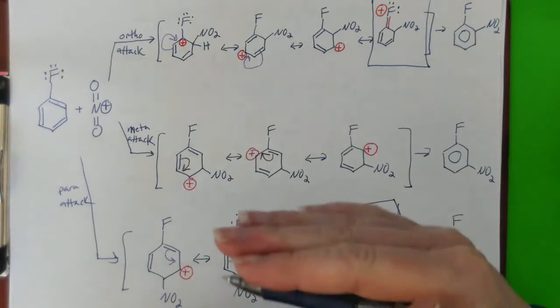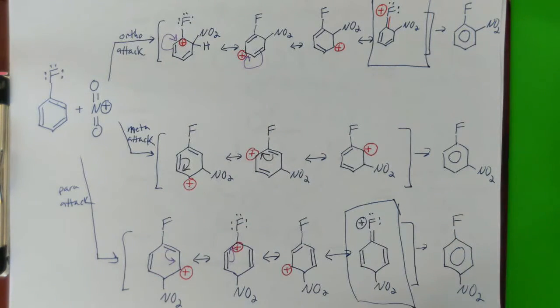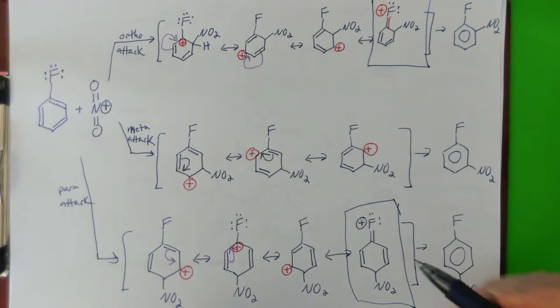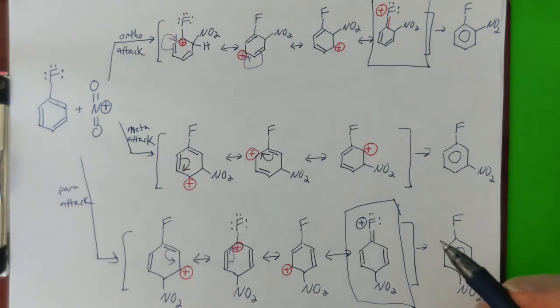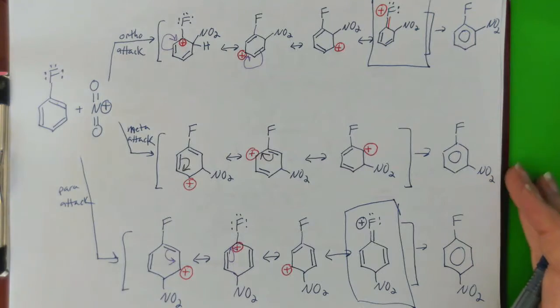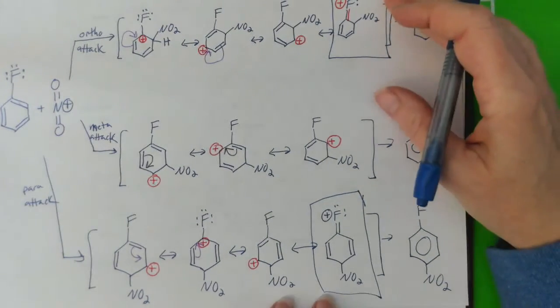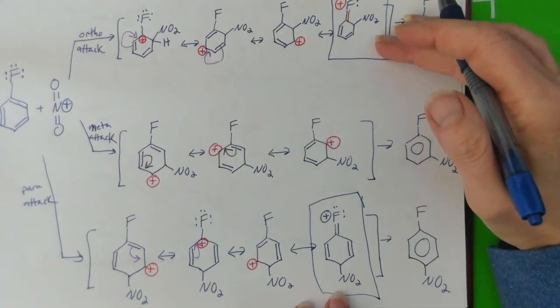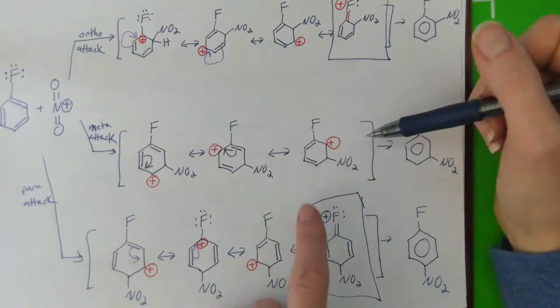Okay, so a lower energy of activation to get there. Whereas if we had found something that was especially destabilized, that would raise the energy of the transition state leading to it. So here we can rationalize why halogens are ortho-para directors instead of being a meta-director.